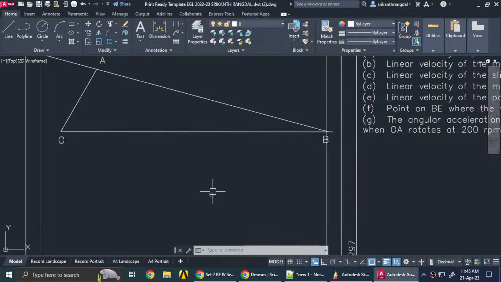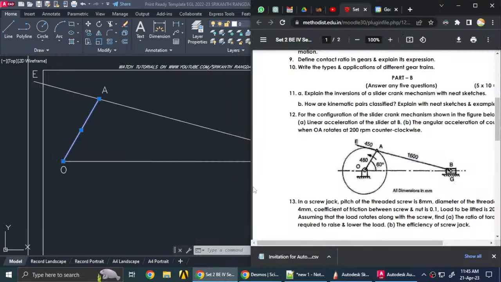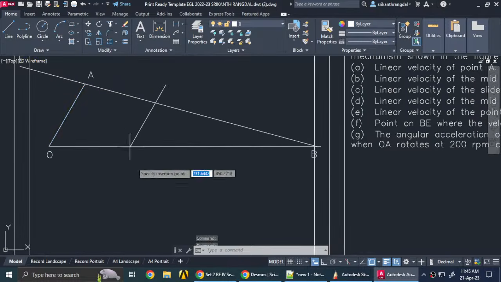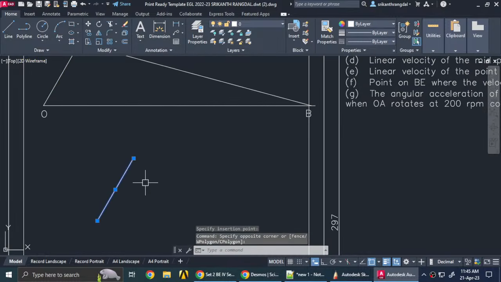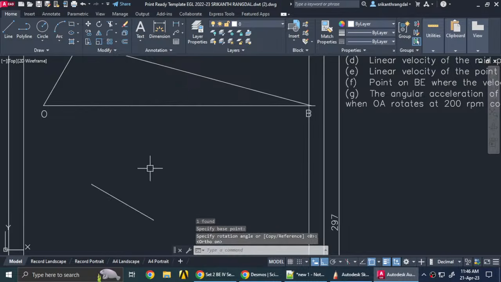Coming back here, we now need a line perpendicular to this, because the velocity of A will be perpendicular to OA. If we look at the diagram, it's rotating in the anti-clockwise direction, so the velocity is going to be in the upward direction. So let me take a copy of this and rotate it by 90 degrees.